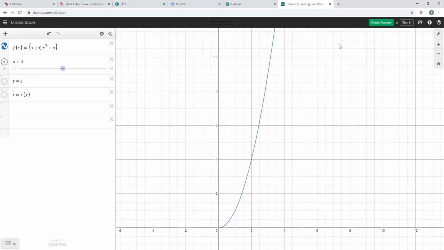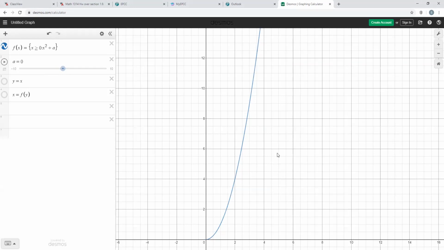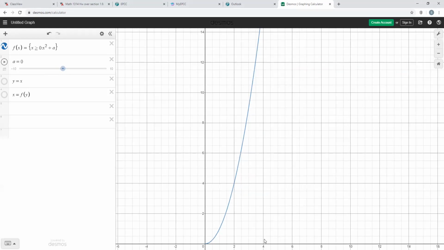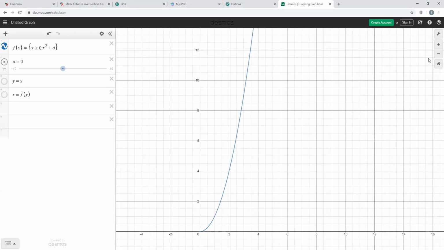So another thing that we need to talk about is, and it's nothing new actually. So if we pick a point, I'm going to pick the point, how about the point 3? This is 3 right here. Let me change this.